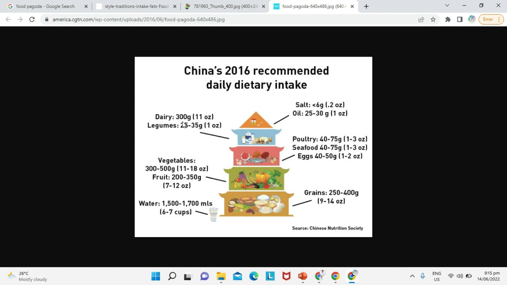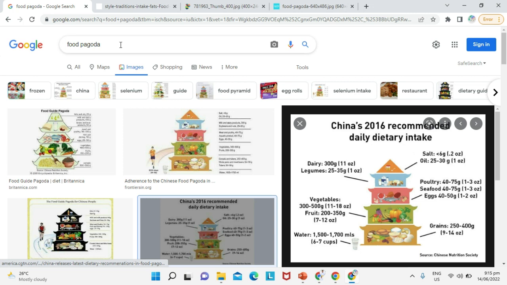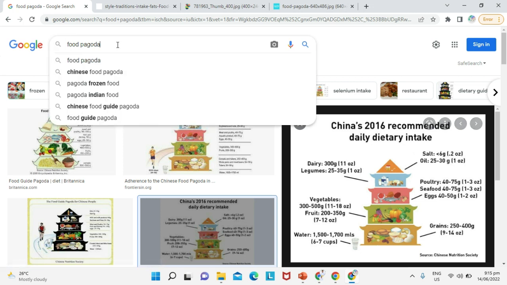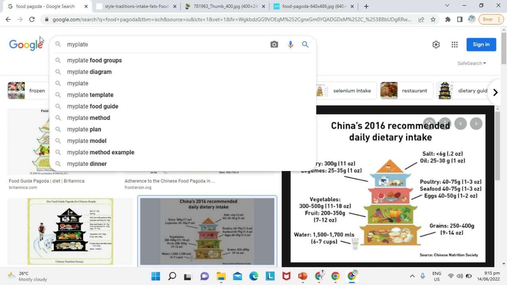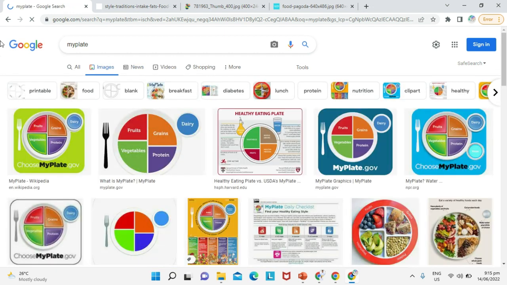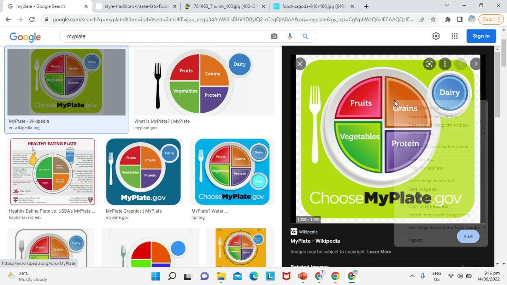Okay, so let's proceed to the food guide of the USA, which is the My Plate. Okay. Yeah. Okay. So, mao ni ang prototype sa ato ang pinggang Pinoy.